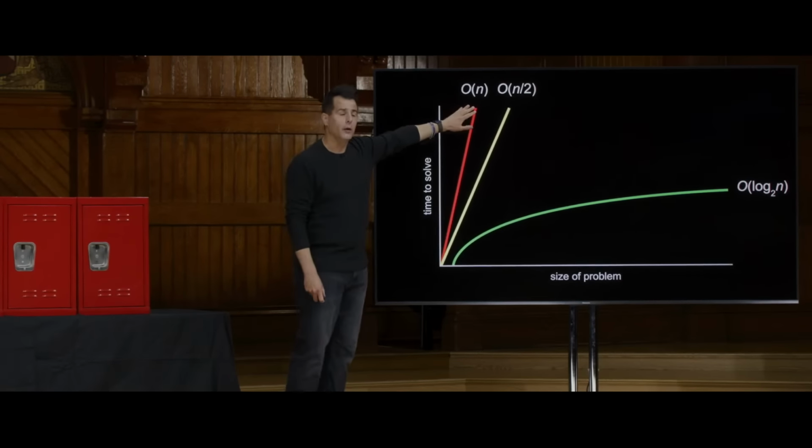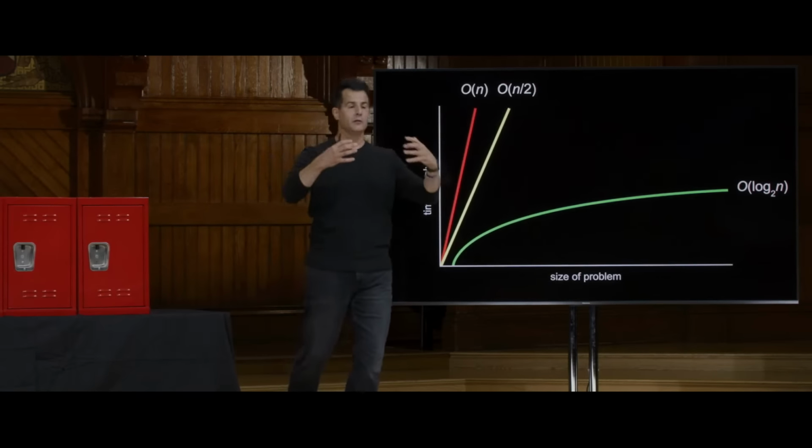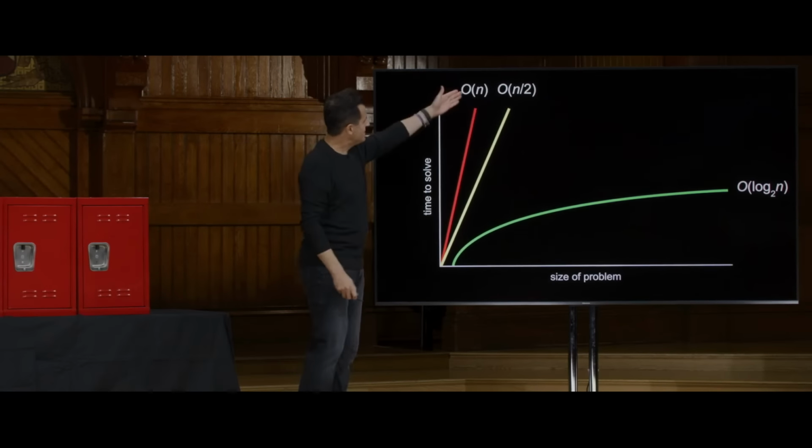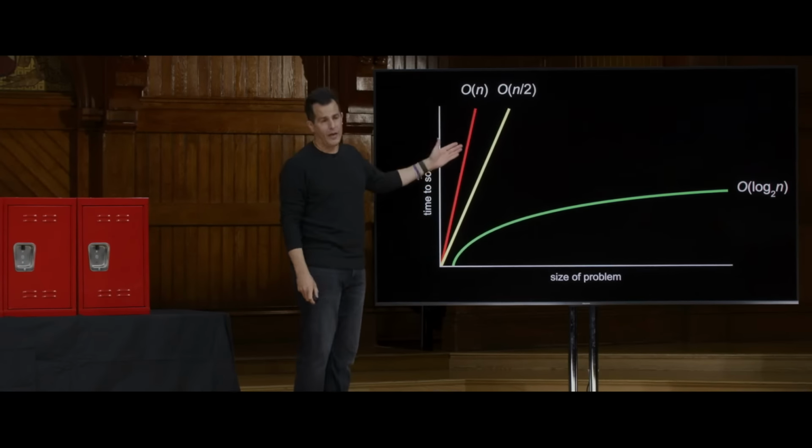And we're going to use what's called big O notation, which literally is a big O and then some parentheses, and you pronounce it big O of such and such. So the first algorithm seems to be in big O of n, which means it's on the order of n steps, give or take some. This algorithm here, you might be inclined to do something similar. It's on the order of n divided by 2 steps. And this one's on the order of log base 2 of n steps.